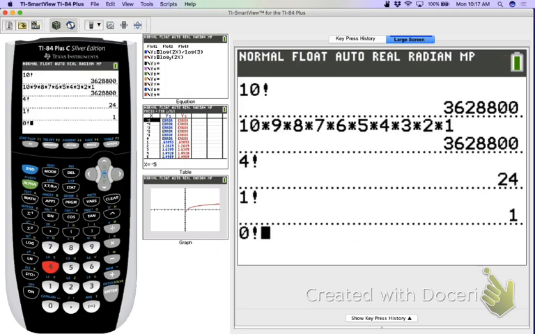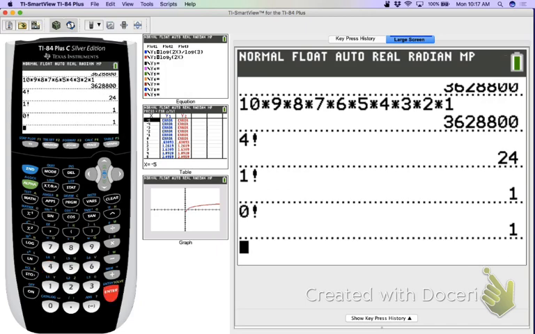What do you think my answer for 0 factorial is? 1? Did you already cheat and do it? Yeah. Oh, okay. At least you're honest. Because if you're starting at 0, all that's meaning is there's still one possibility. The only possibility is 0, but there's one possibility. 0 is that possibility.